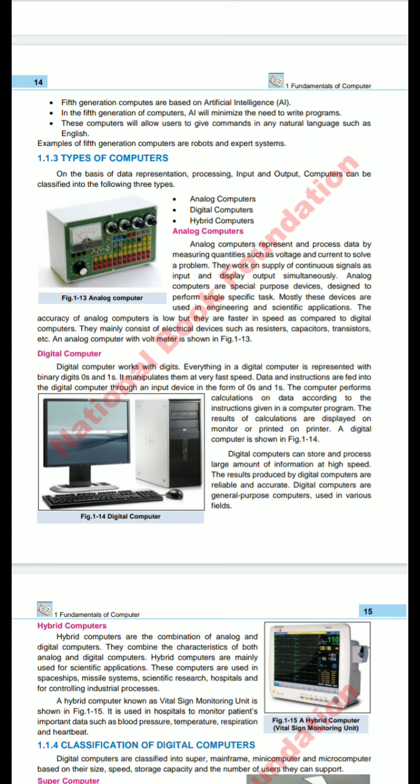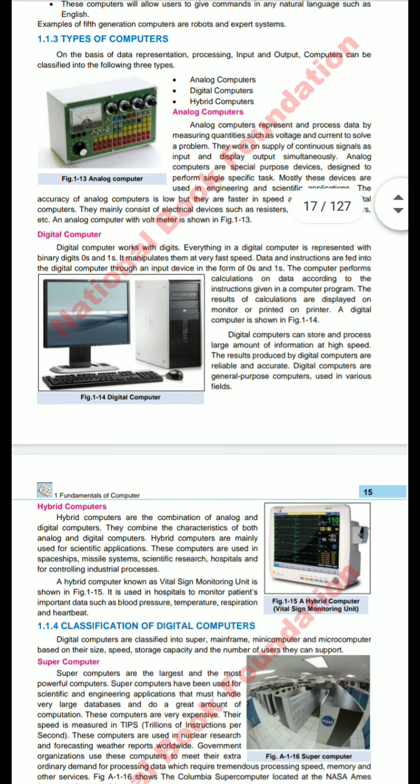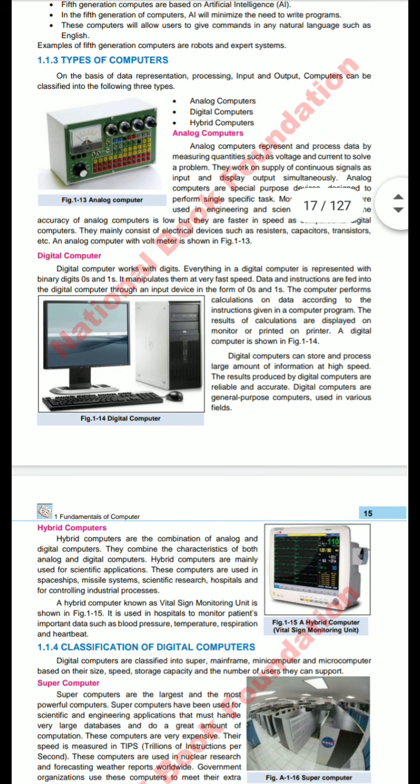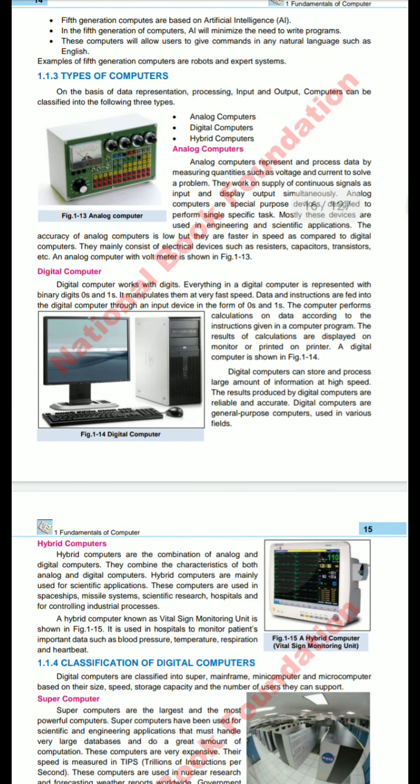Now there are 3 types of computer: analog computers, digital computers, hybrid computers. Number 1 is the analog computer. Analog computers represent and process data by measuring quantities such as voltage and current to solve a problem. They represent data by measuring physical quantities, as you discussed in physics class 9th.